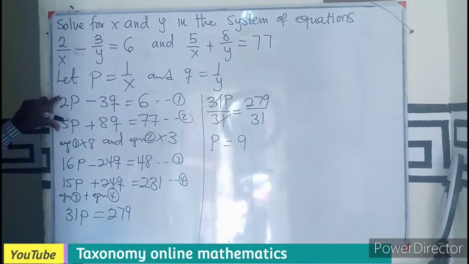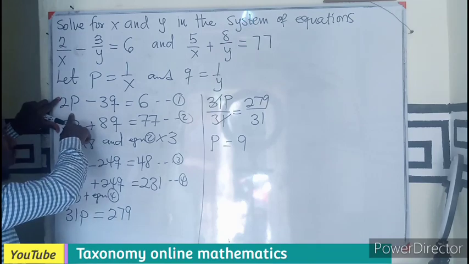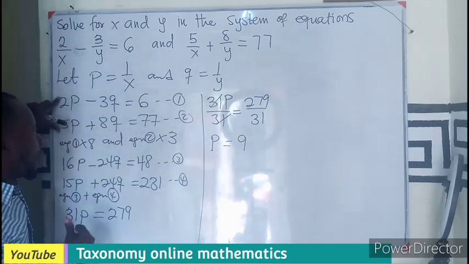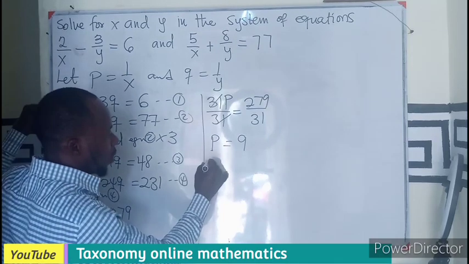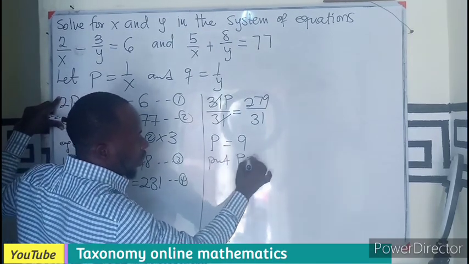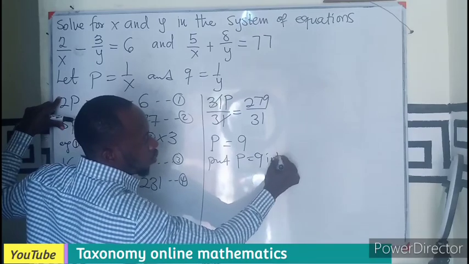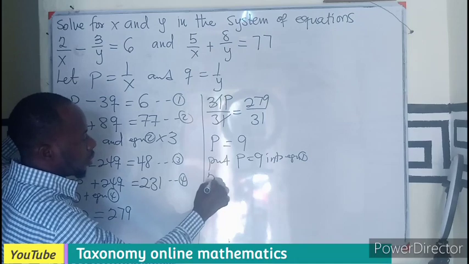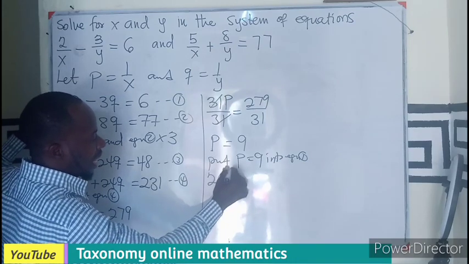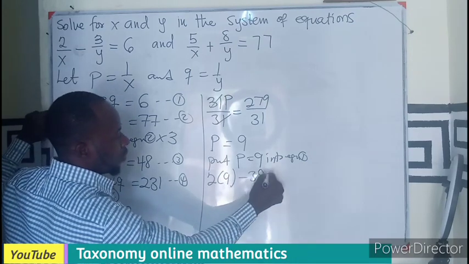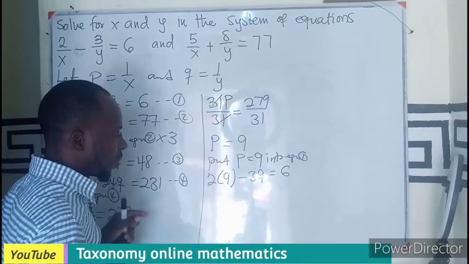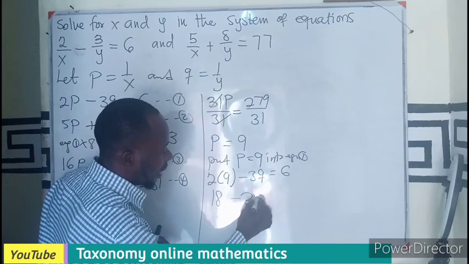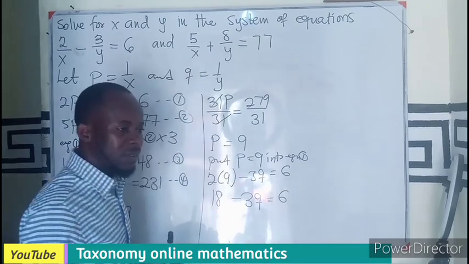We have two equations whereby p is known, so we are looking for q. I can put this into any of the equations. Let's put p equals 9 into equation 1. So this is going to be 2p, which is 18, minus 3q equals 6.